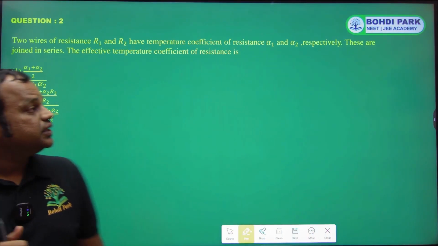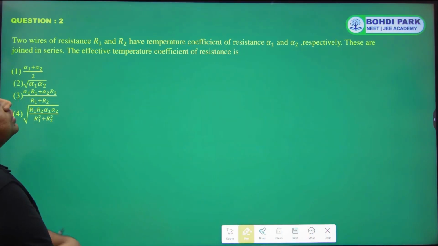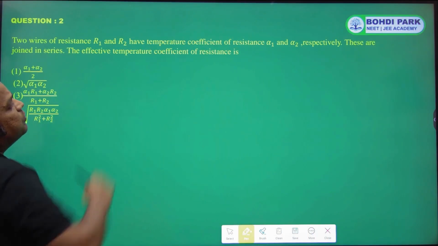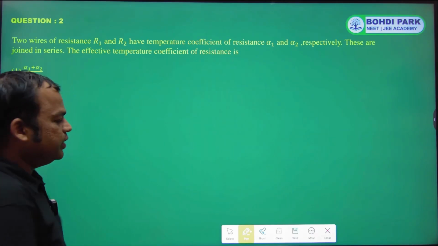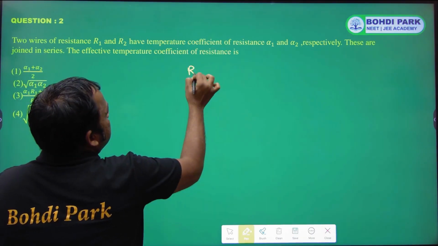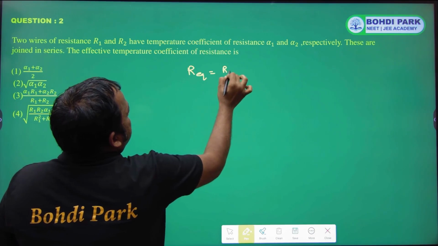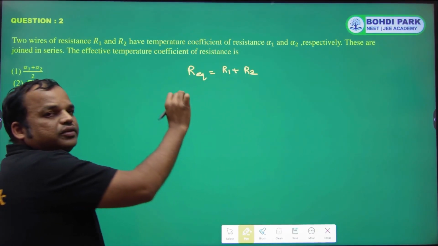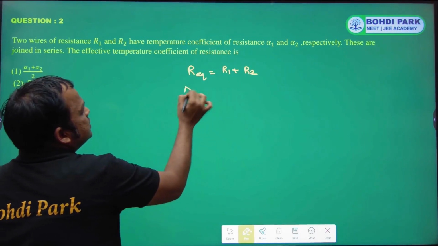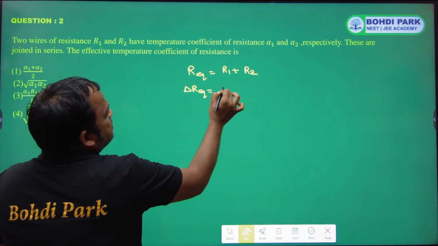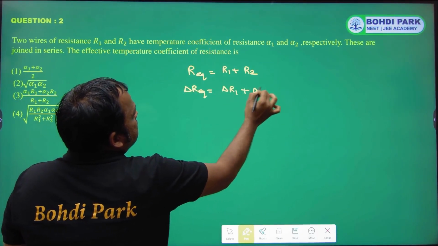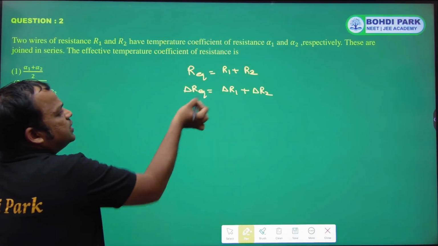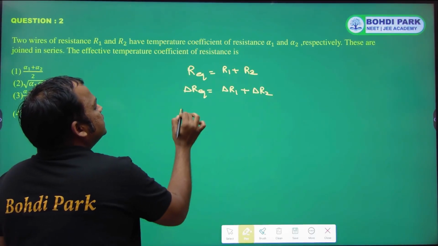We have to consider the series combination of these and the effective temperature coefficient of resistance. So we have the formula R equivalent is equal to R1 plus R2. So we can use the change in equivalent resistance is equal to change in R1 plus change in R2.